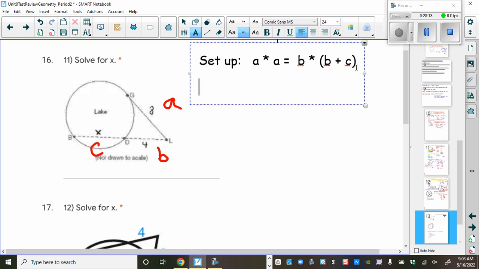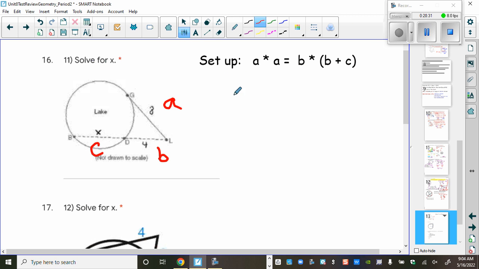Now, I want to talk about this type of problem because, again, some of us were having difficulties with distribution. Again, you need to understand what's where. So for this problem, what's our value of A?